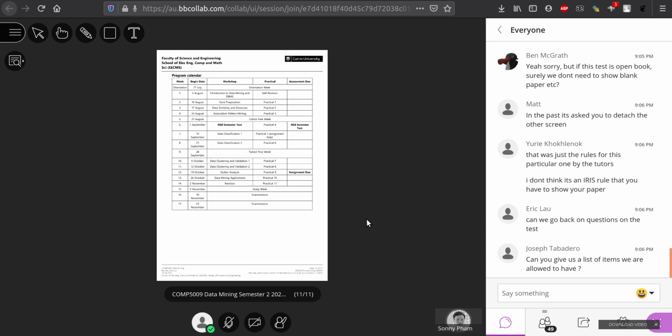Okay, can you give us a list of what we are allowed to have? Yeah, so maybe it is better that you ask on the discussion board, and I can formally describe it, because I tend to forget the questions after the workshop. So it is better for students who are not here today, because we have only half the number of students here.